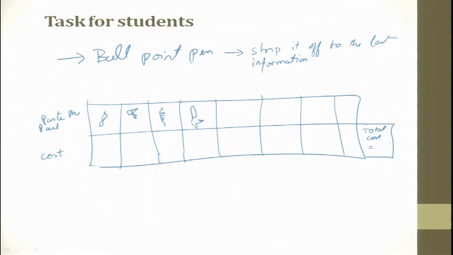Then go to the market, try to buy the same pen, and compare your costing, what you have done piecewise, to the pen's price.